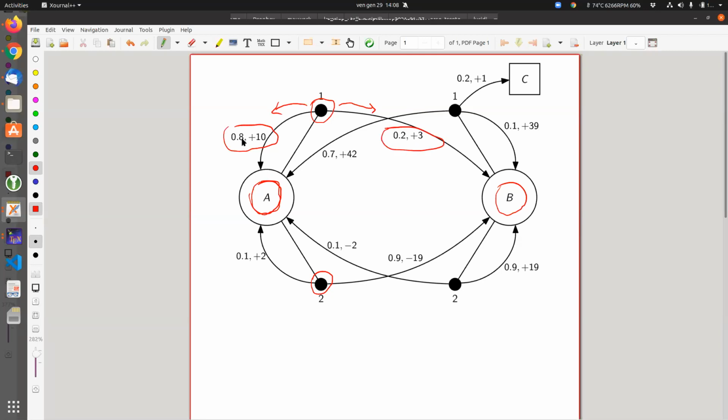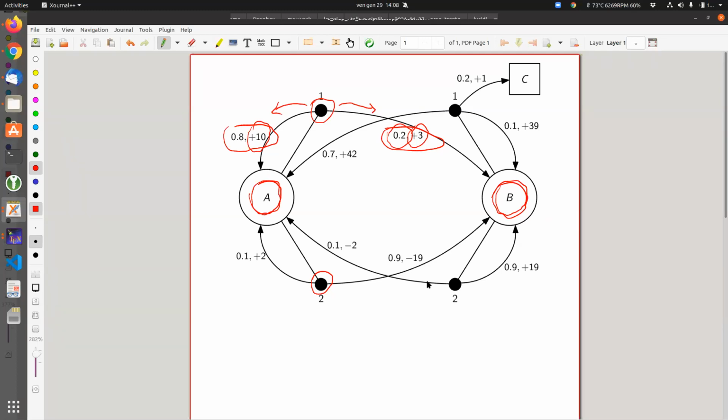Here you can see that with 80% probability, I will have a reward of +10, and I will go back to the state A. And with a probability of 20%, I will have a reward of +3, and I will land in state B. Solving our problem means that we are trying to choose the action in order to maximize the expected value of the return we are receiving in a trajectory, not only in one choice, of course, but during several choices.